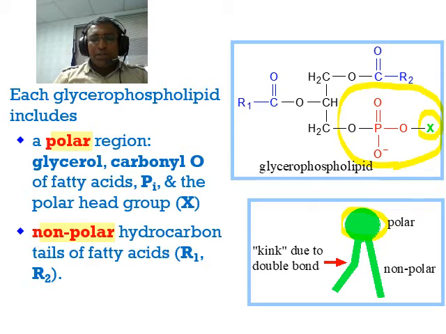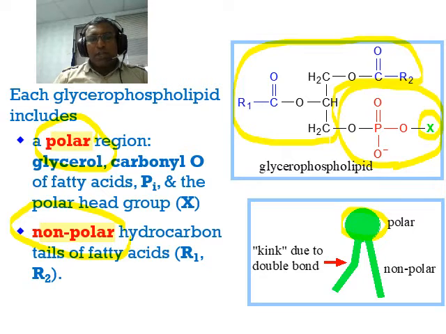And then all the other components having hydrocarbon chains will be considered as non-polar. So that's why you have polar as well as non-polar, also referred to as head and tail.